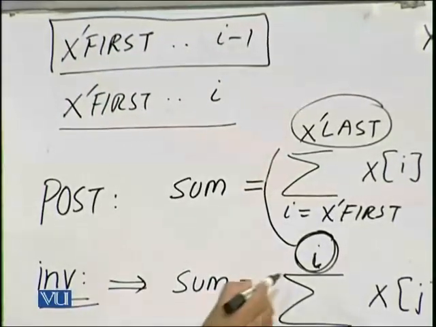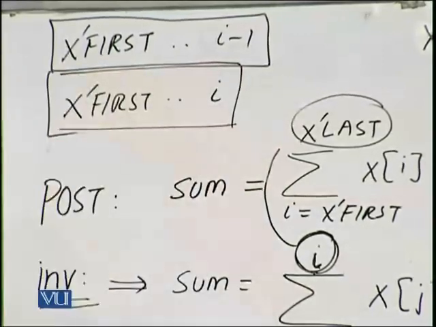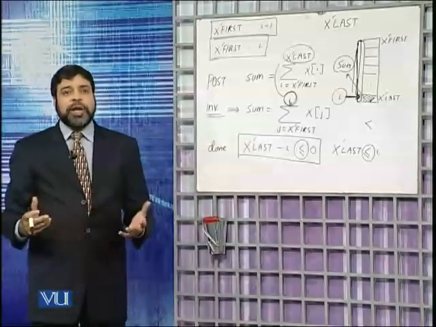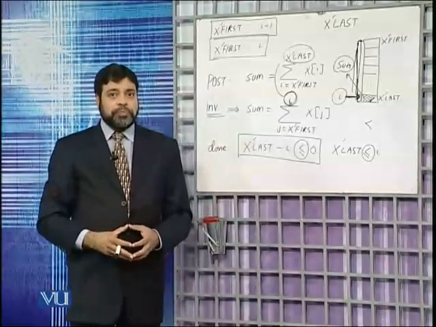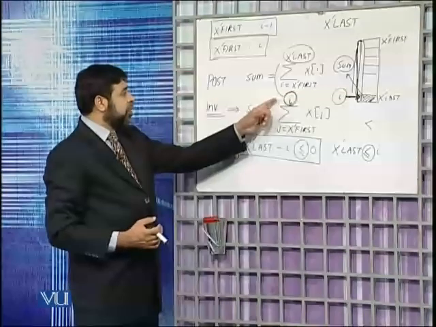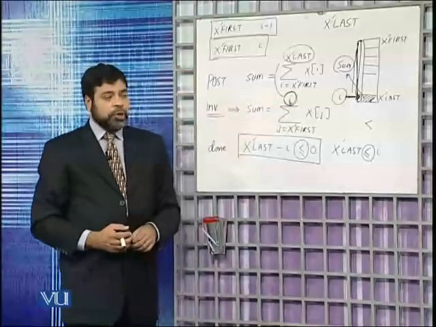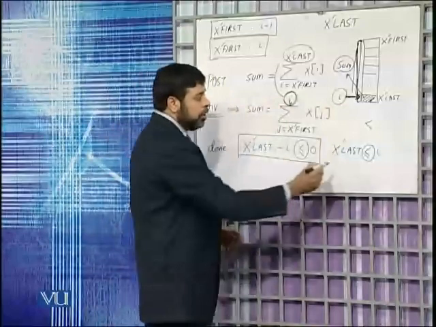The way I wrote my invariant condition was that this was what I wanted to have in my variable sum. So either I change my invariant condition here, or I change this statement here.